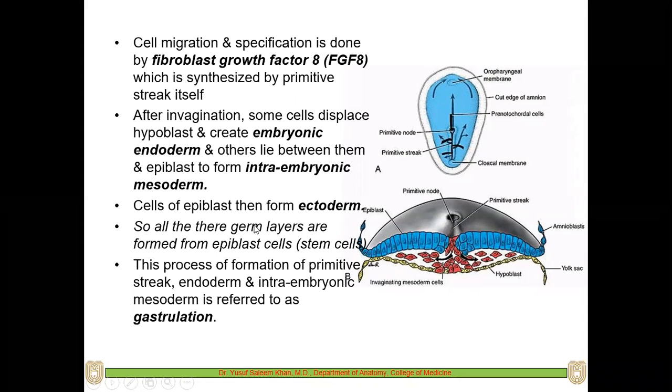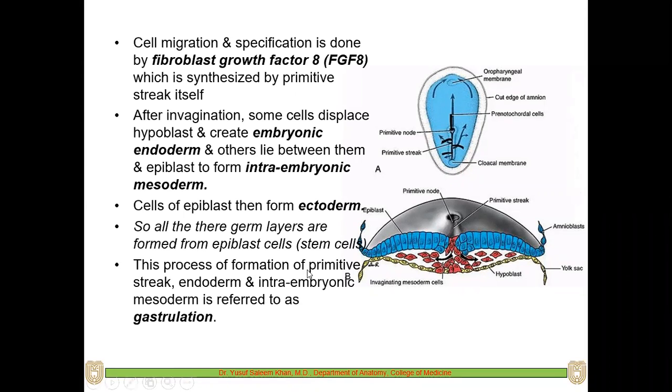So all three germ layers are actually formed from the epiblastic cells. Epiblastic cells are therefore also called stem cells. Stem cells are those cells from which all other cells are determined. The most primitive types of cells are called stem cells.